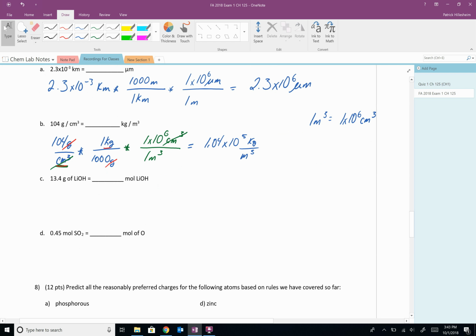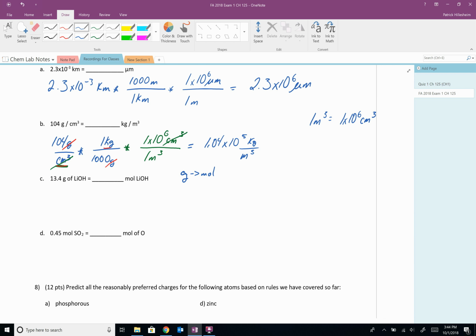Okay, so C is a little bit different. Still doing a conversion, but now we're not converting our metric units, right? We're converting grams into moles. We are told that we have 13.4 grams of lithium hydroxide, and we need to figure out moles of lithium hydroxide. To convert grams into moles, we need either our formula weight or our formula mass.